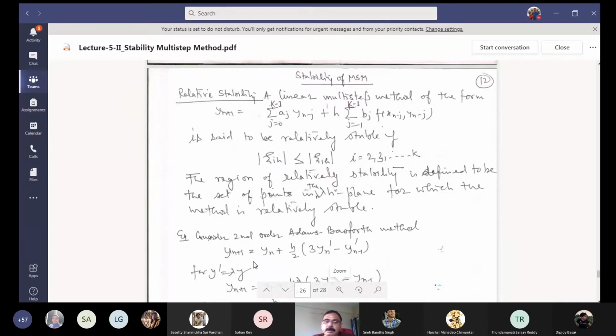Then what we'll do, you have to solve for y prime equal to lambda y. Means 3 y_n prime minus y_{n-1} prime will become lambda times 3 y_n minus lambda y_{n-1}. So lambda will be out. Then you put y_n equal to xi to the power n. Simplify that.